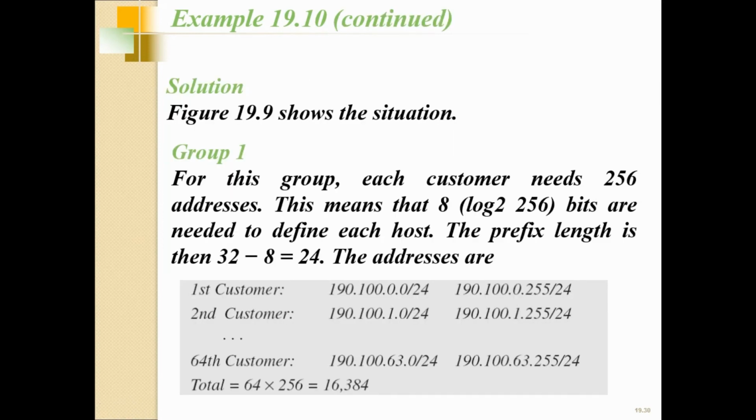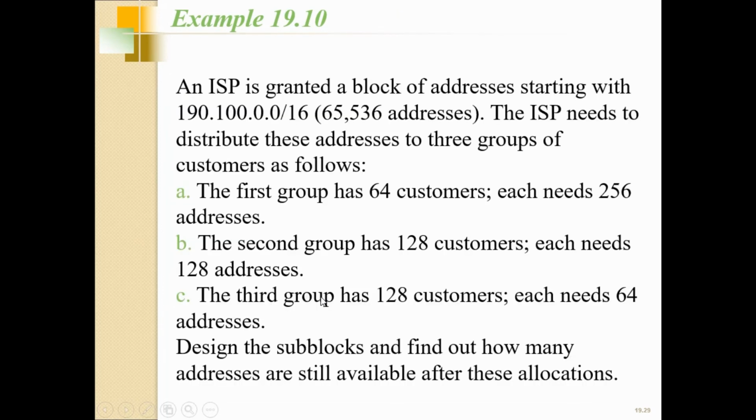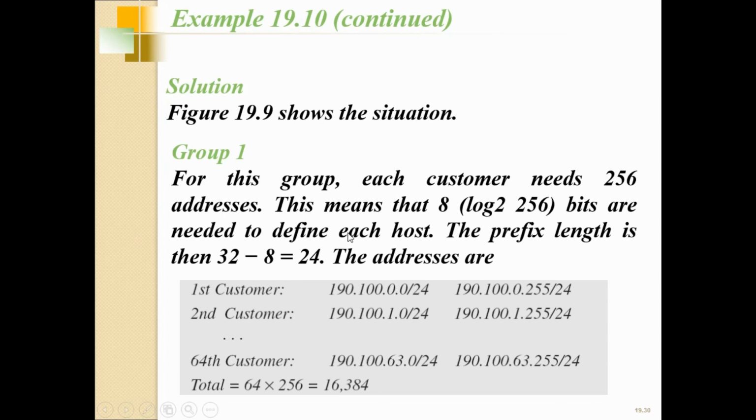For group 1, each customer needs 256 addresses, and there are in total 64 customers. So we need log2 256, which is 8 bits for the host, so the prefix length is 32 minus 8, that is 24.